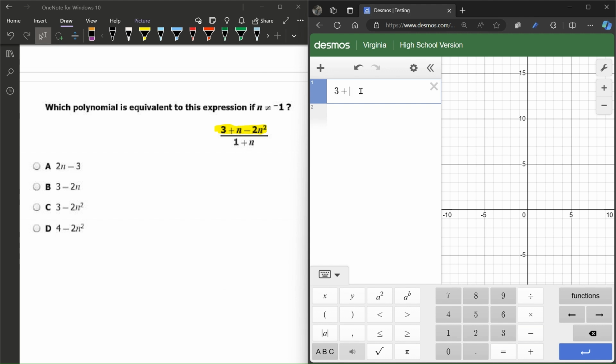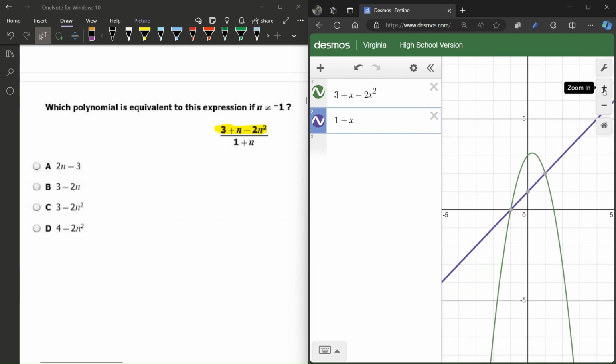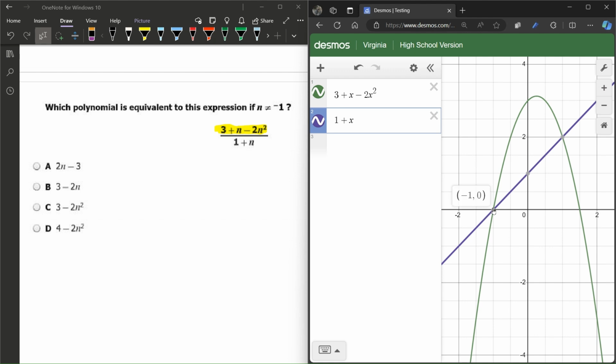So I'm just going to type in 3 plus x minus 2x. I'm going to square it. So you see, you get this upside down parabola. And if you type in 1 plus x, you can tell that this is a factor by that it crosses at the exact x-intercept, okay?